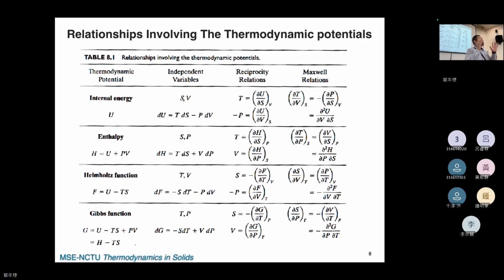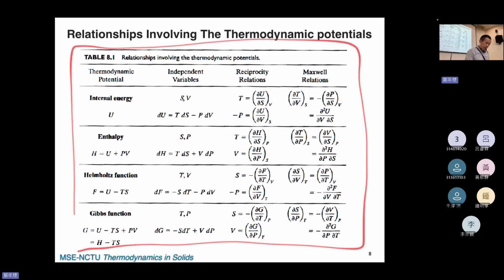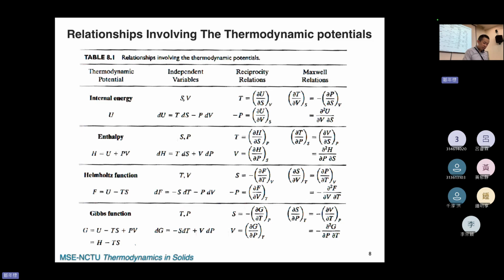Okay, so if we use the Legendre transformation, we can summarize all these formulations into a table. Okay, chapter A in the textbook. This is a really important table where you can see the independent variables S V, S P, T V, T P, and then you can rewrite the things here.